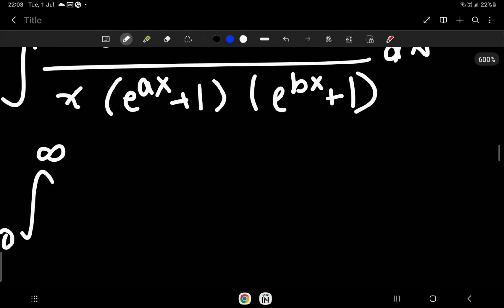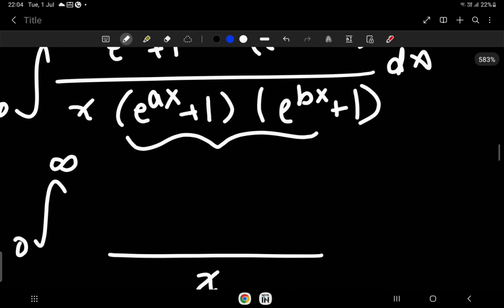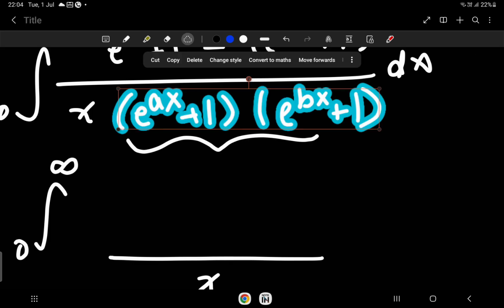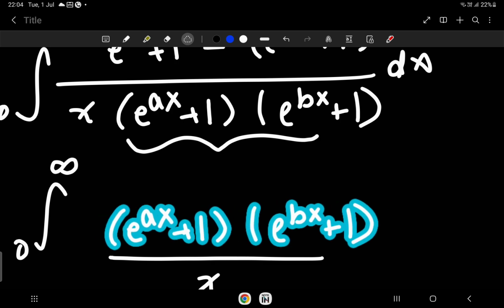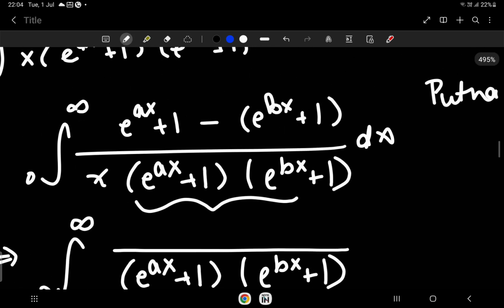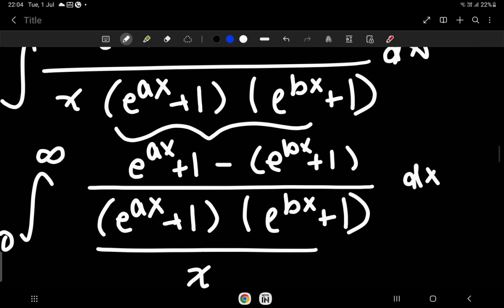Now we have made it till here. For the Frullani's integral, let's divide the whole thing by bx, right?